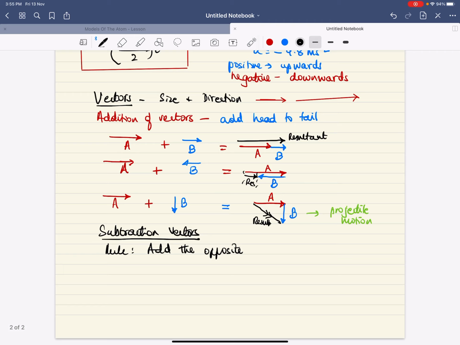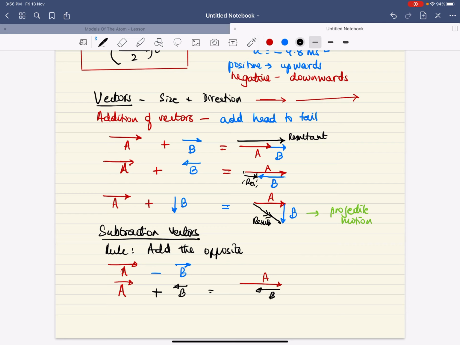Let's say you've got vector A, which is here, and then you've got to subtract vector B, in the same direction. Theoretically, vector A stays as it is, but where you have the minus sign, you put a plus. The arrow pointing to the right will now point to the left, and now you just do your usual vector addition, which is A going this way and B going the other way.